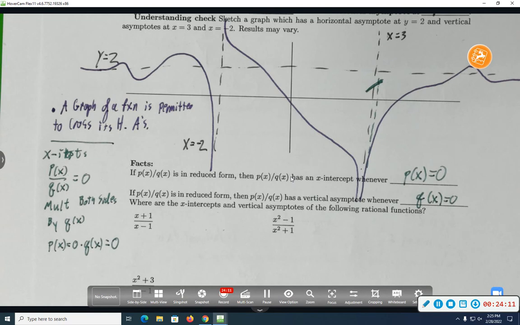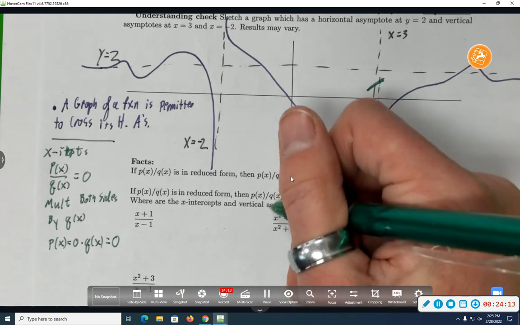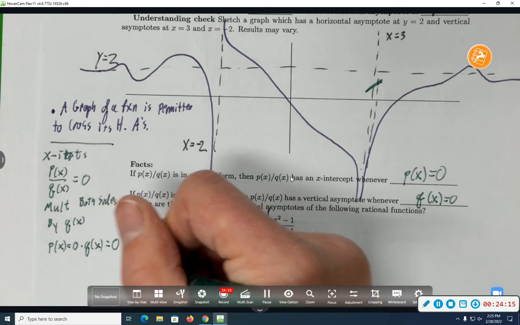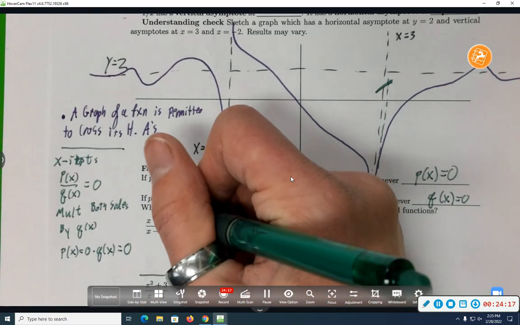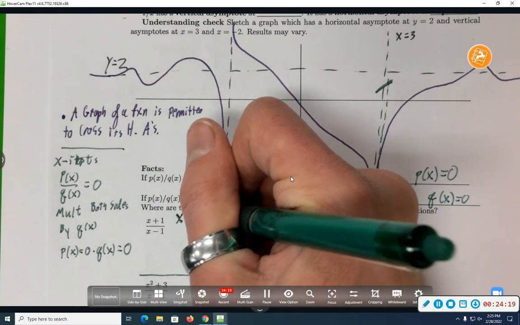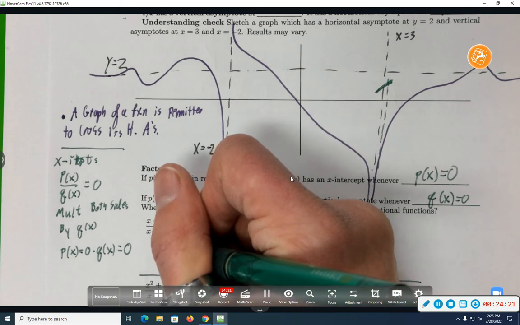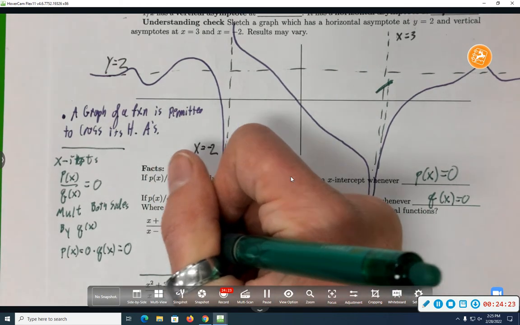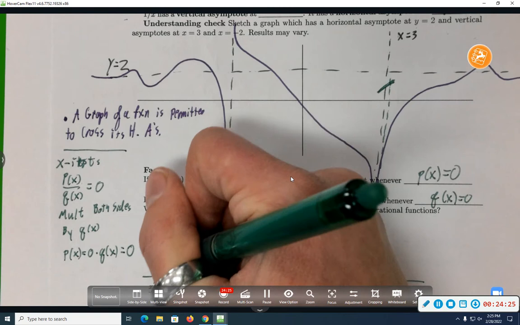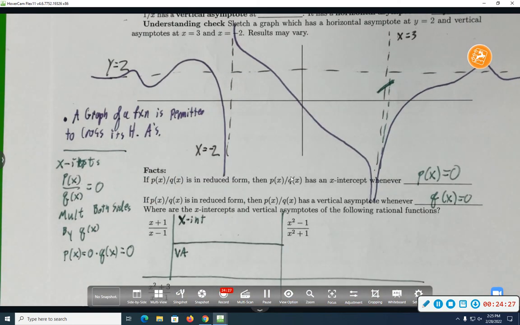And let's see this in action by using it to find some things. So here are 3 rational functions. Let's try to find the x-intercept. And let's also try to find the vertical asymptote. I think that'll be enough space for each. So according to the instructions above, if you want to find the x-intercepts of this, what do you need to set equal to 0?